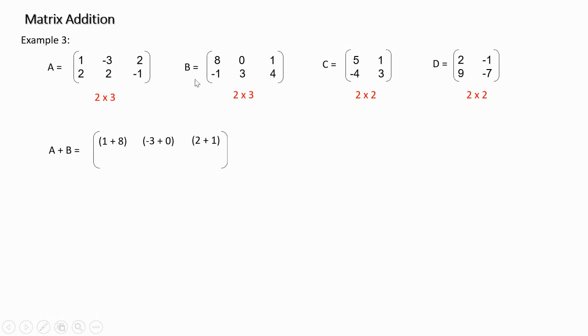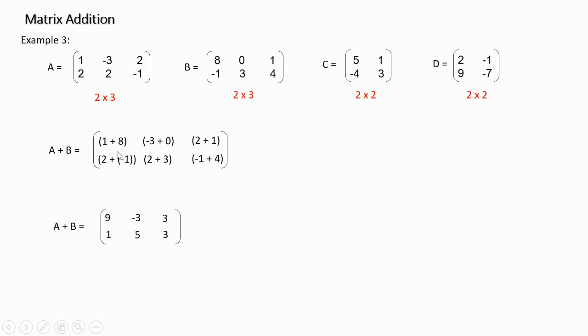And then 2 plus negative 1, 2 plus 3, and negative 1 plus 4. Then we simplify it. So it's going to be 9, negative 3, 3, 1, 5, and 3. This is the answer of the operation of matrix A plus matrix B.